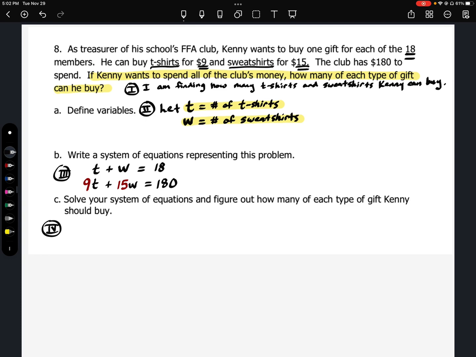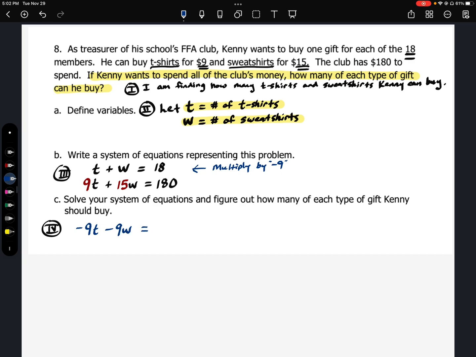I could use substitution. I think I'm going to use elimination, though. I'm going to multiply that top equation by -9. So -9 times t is -9t. -9 times w would be -9w.